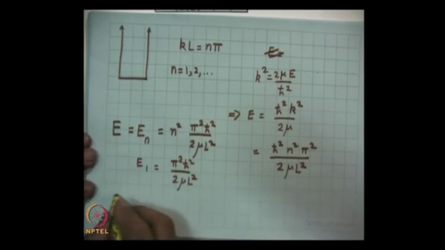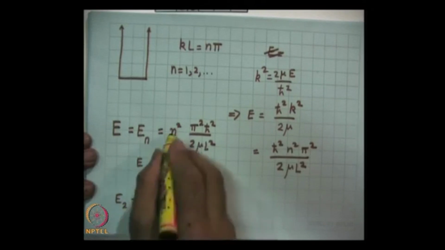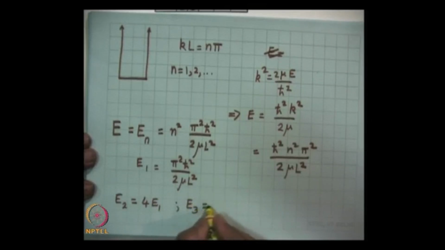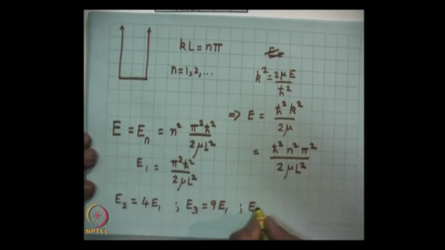So, you will have E 2 is equal to 4 times E 1, E 3 is 9 times E 1, E 4 is equal to 16 times E 1, and so on.